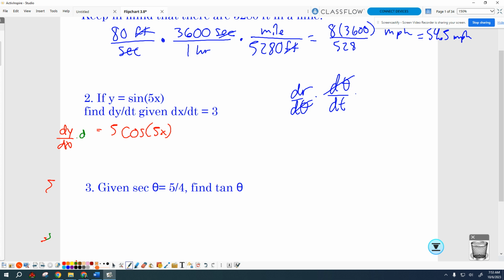Okay. So like this unit conversion, I had feet per second, and I'm going to change it to feet per hour. This is a way of changing the units. So this gives me dy dt now.